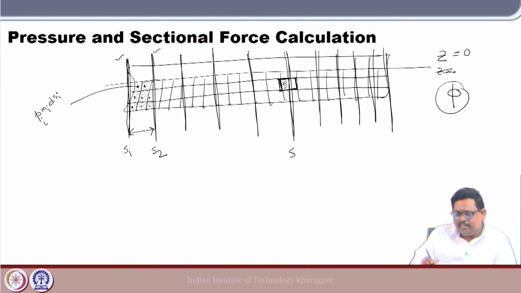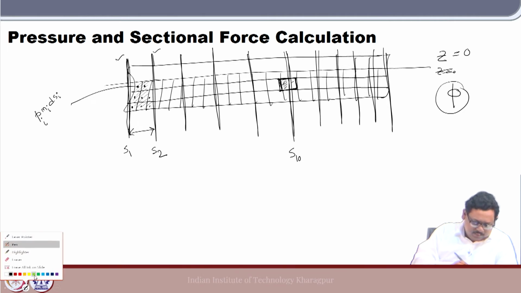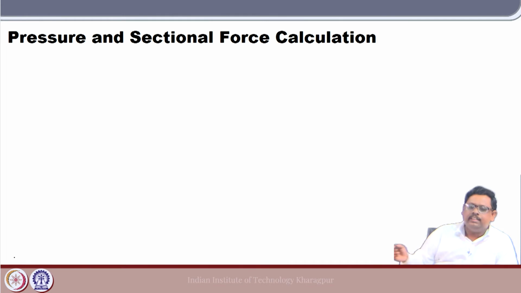Let us take, say, section S10. Some part of this panel is on the left hand side of section 10 and some part is on the right hand side of section 10. Then how can I take the contribution of this panel? This could be fairly complicated if I do it this way. So, normally we remove this possibility from the beginning.